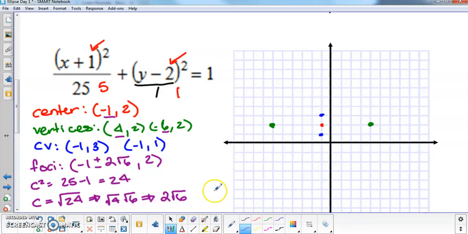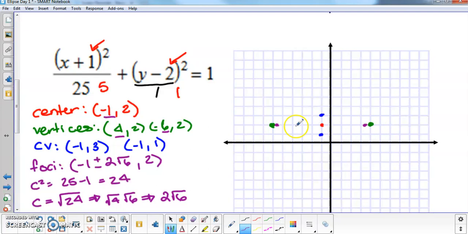Okay? If I take 2 square root 6 and put that in my calculator, I would get 4.8989. So we'll just say 4.9 for the sake of it. So that means I'm going to go right and left 4.9 from my center. So 1, 2, 3, 4.9. So it's just shy. And 1, 2, 3, 4.9.